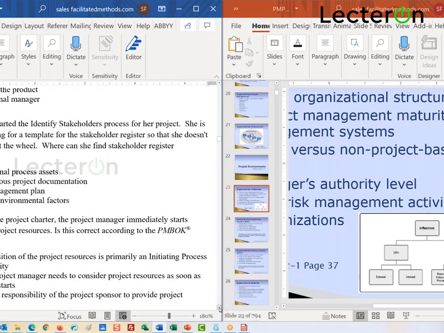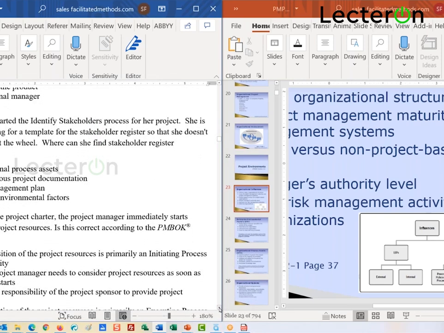Sarah has just started identifying stakeholders. She's looking for a template for the stakeholder register so she doesn't have to reinvent the wheel. Where would she find a template? I talked about this just a few minutes ago.